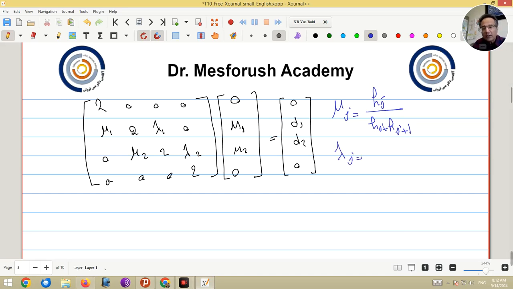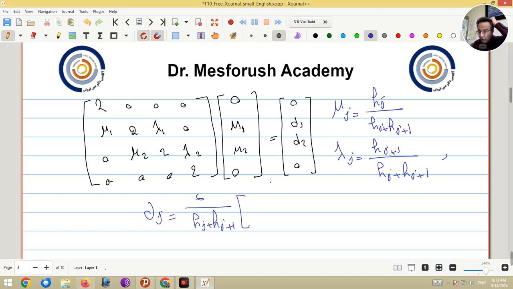Lambda j is equal to hj plus 1 over hj plus hj plus 1, and we know that dj is equal to 6 over hj plus hj plus 1. If you have no idea about these numbers, you can refer to my previous lecture. I have computed all of these terms.